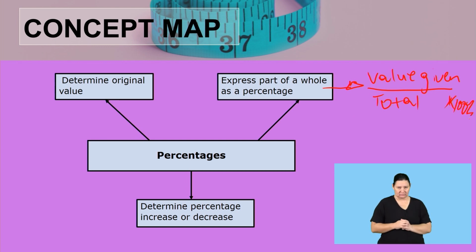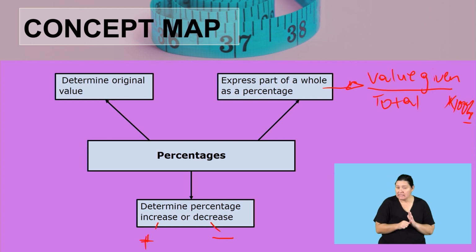And remember, not to press the percentage sign. Secondly, to determine the percentage increase or decrease, if it is an increase, the answer will be positive. If it is a decrease, the answer will be negative.